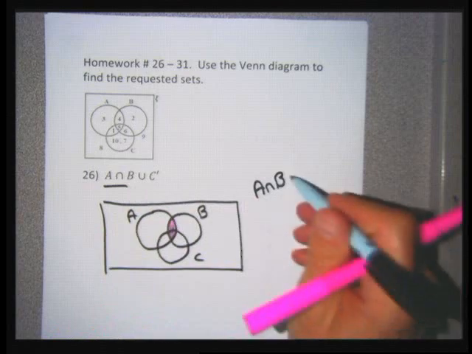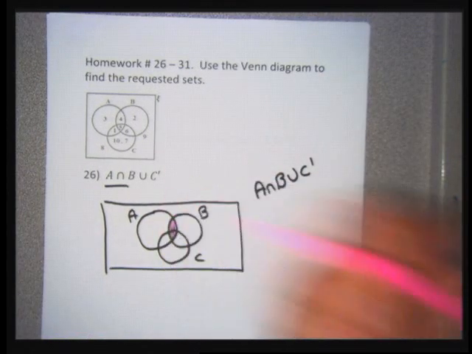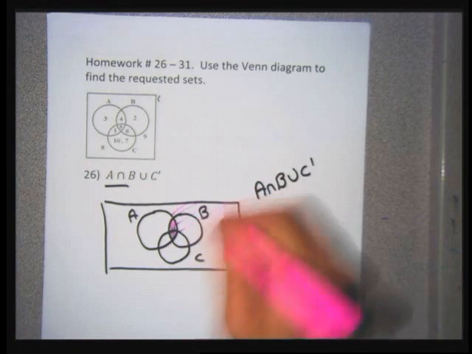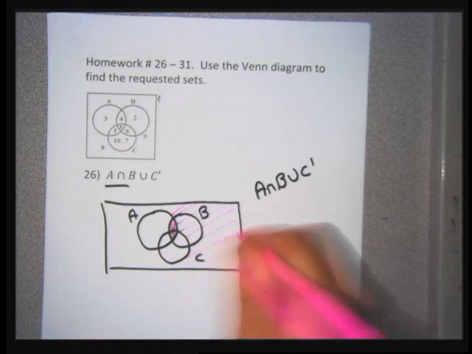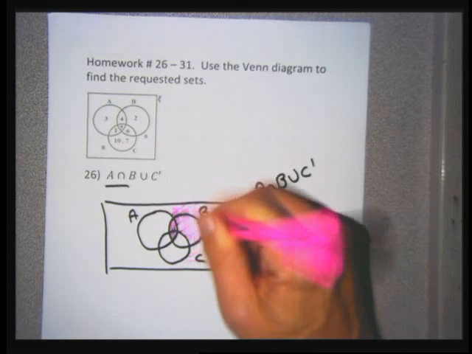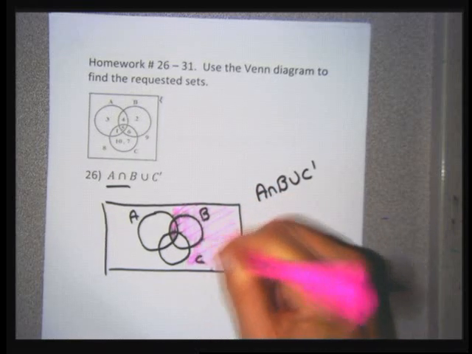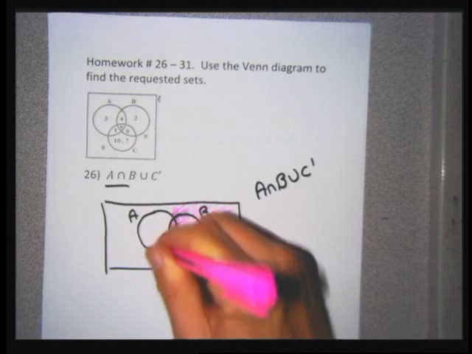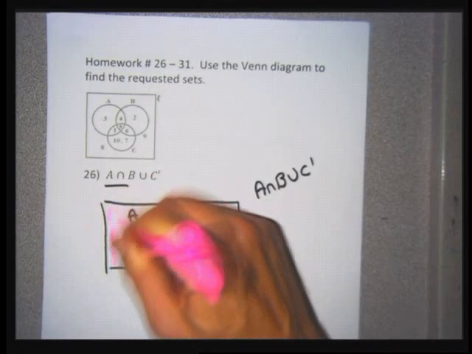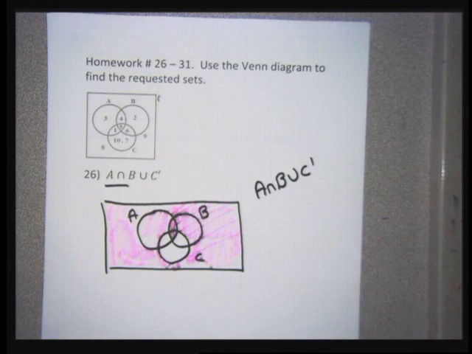And now I'm going to union that with C prime. So to this graph I'm going to add in one color, because in unions you don't need multiple colors. To this graph I'm going to add everything outside the C circle. And so that's going to be a picture of A intersection B unioned with C prime.